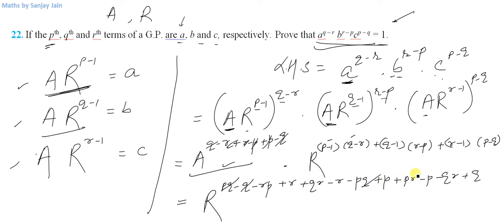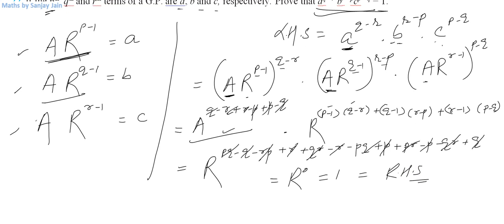Each of these terms will get cancelled: r with minus r, qr with minus qr, p with minus p. So this will give me R raised to 0, which is equal to 1, and it is equal to the right hand side. Hence the given relation is proved.